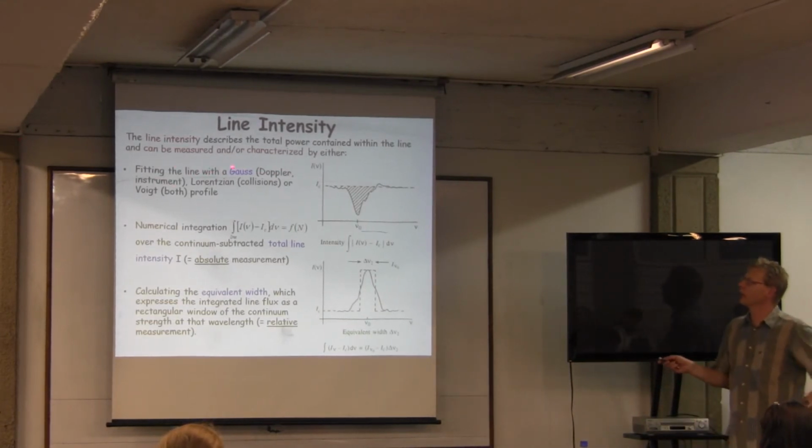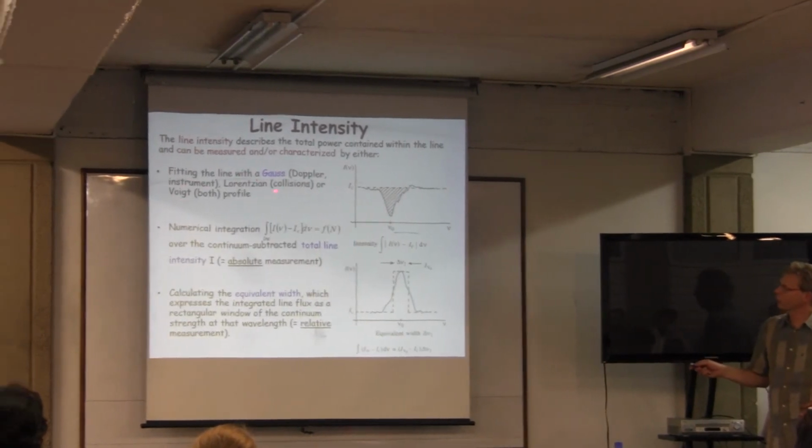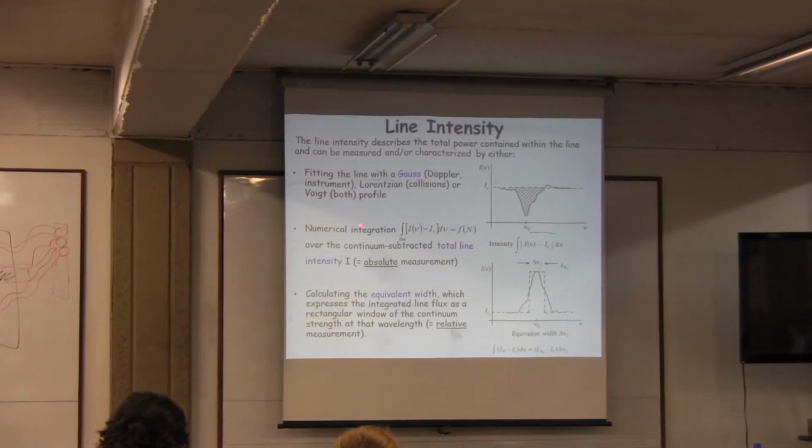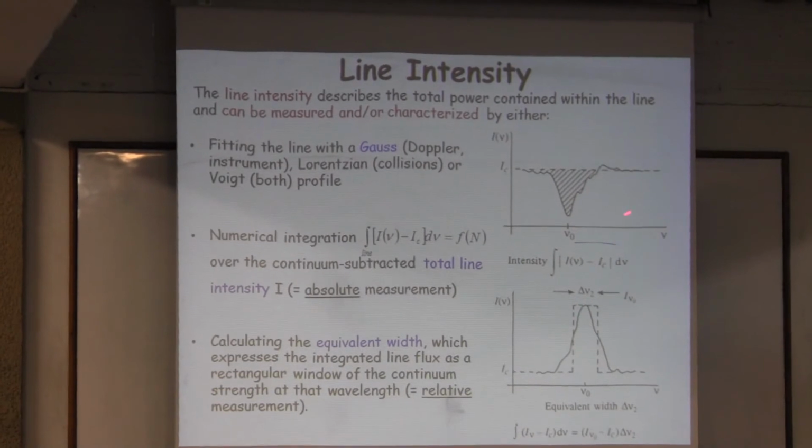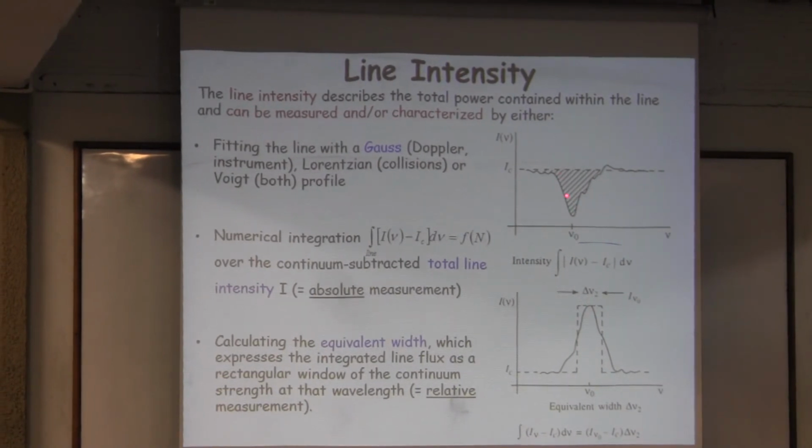There are other functions, like Lorentzian or Voigt profile, which is essentially the combination of the two. But if you have a very odd line shape, say molecular absorption bands, you simply have to do a numerical integration, and that gives you the total line intensity.